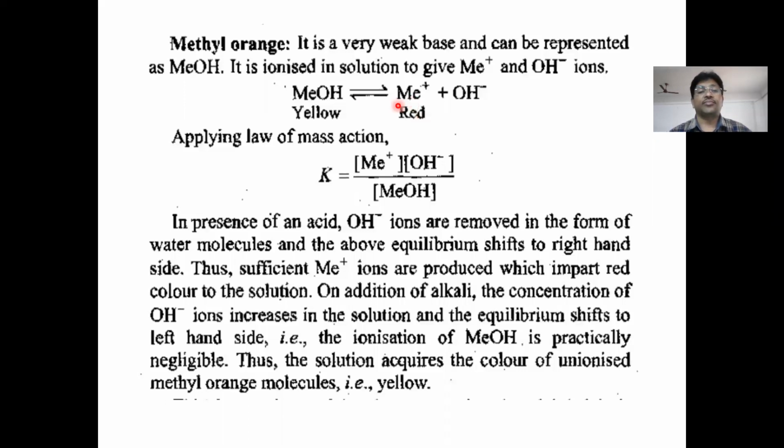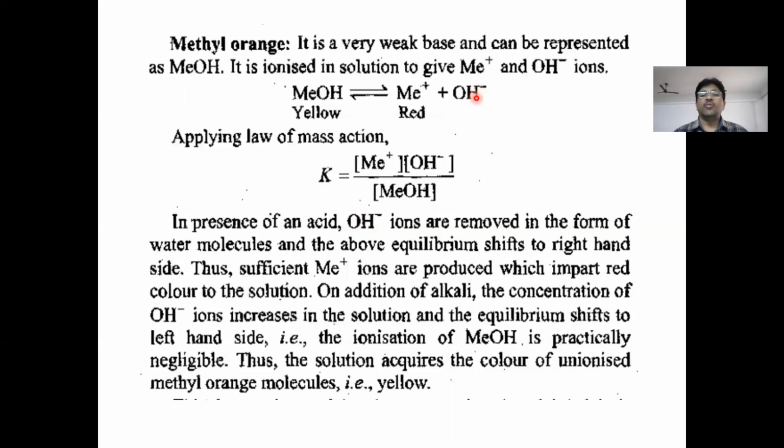Applying the law of mass action again, K, the dissociation constant or ionization constant, is equal to the product concentration by the reactant concentration. In the presence of an acid, OH minus ions are removed. The OH minus ions of this indicator will be removed by the acidic medium.